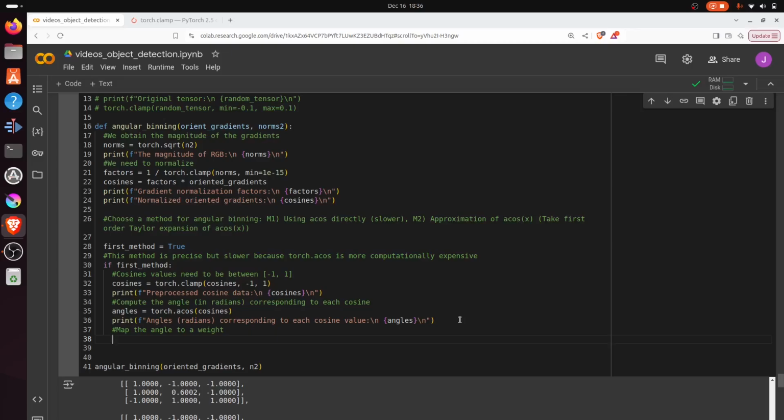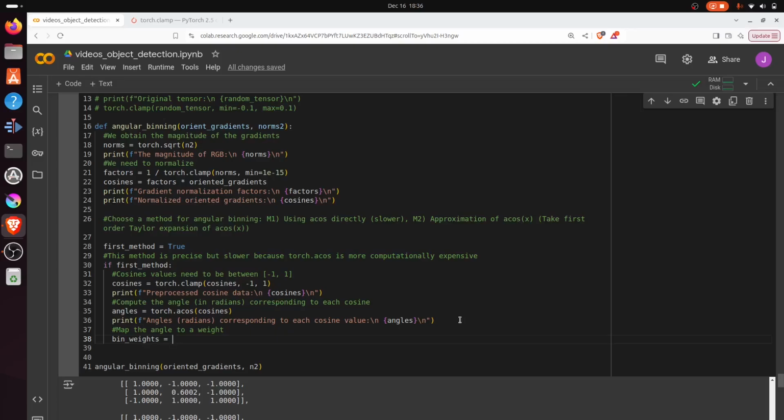By the way, we're going to call these weights bin weights, because these weights are going to indicate that a given gradient is closer or further away to a reference direction.